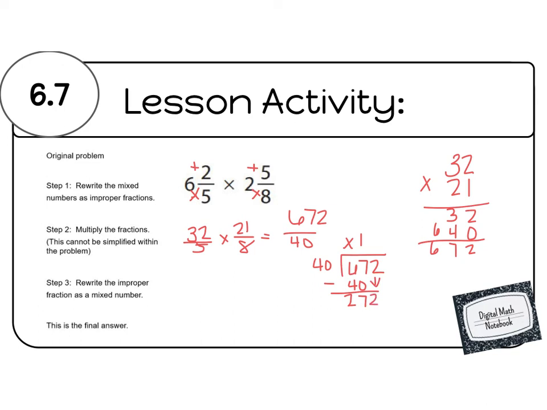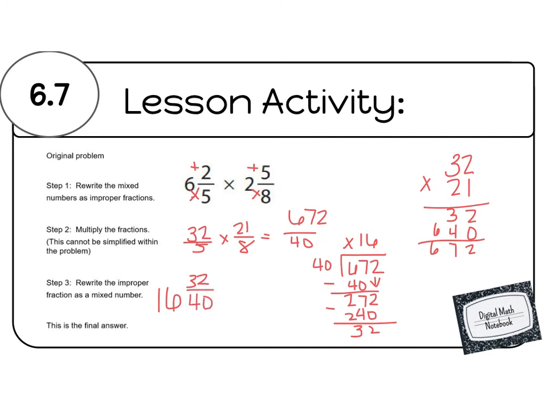And 40 goes into 272 6 times, because 6 times 4 is 24, and add a 0 on the end. 2 minus 0 is 2, 7 minus 4 is 3, and 2 minus 2 is 0. So that means that it went in 16 whole times with a leftover of 32 40ths.